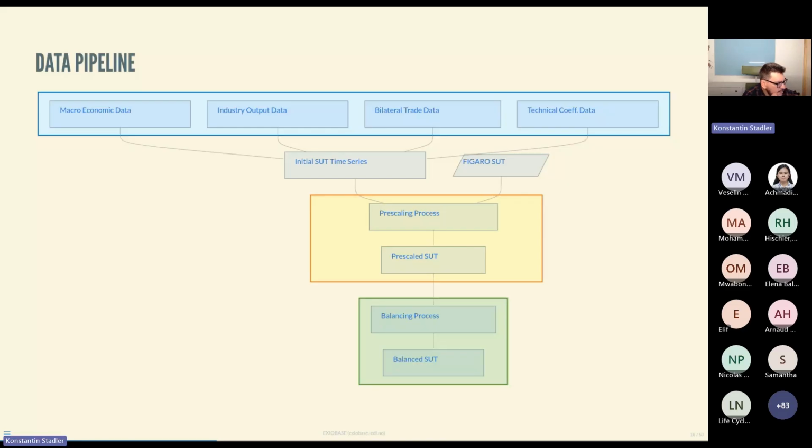Then we scale these to the official Eurostat Figaro supply-use tables, which also include supply-use tables from other countries, and then optimize these initial tables into the final tables, obeying all the economic constraints we got from the other data sources. This gives us a balanced, globally consistent supply-use table framework, which we then convert into input-output tables.